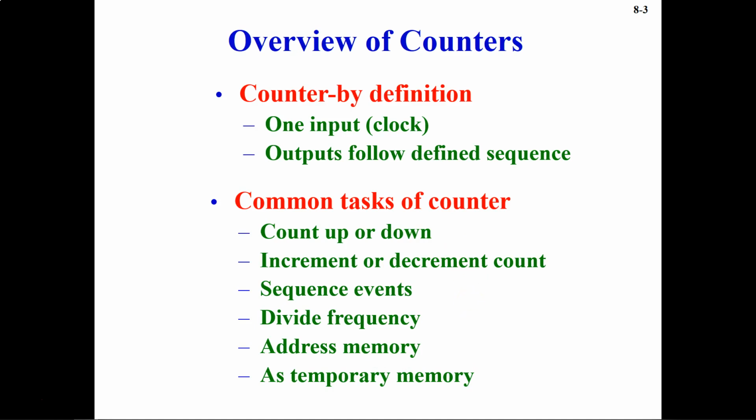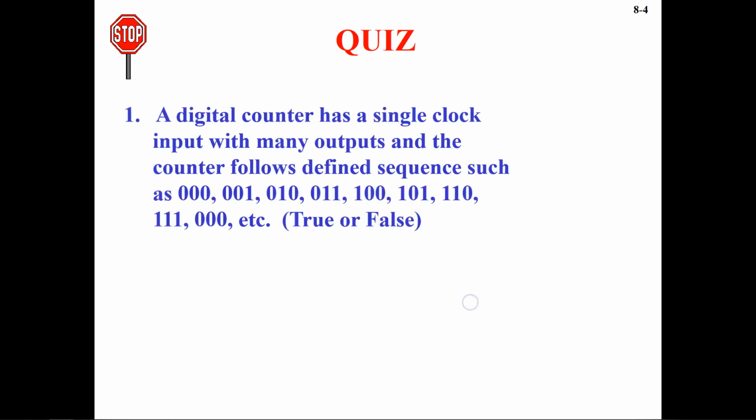Okay, so we are going to see some of it in this lecture, how we can utilize the counter in these applications. So let's start with a quiz based on what we covered in the previous slide. It says a digital counter has a single clock input with many outputs, and the counter follows a defined sequence such as this sequence. Is it true or false? We learned that one of the applications of the counter is to define the sequence.